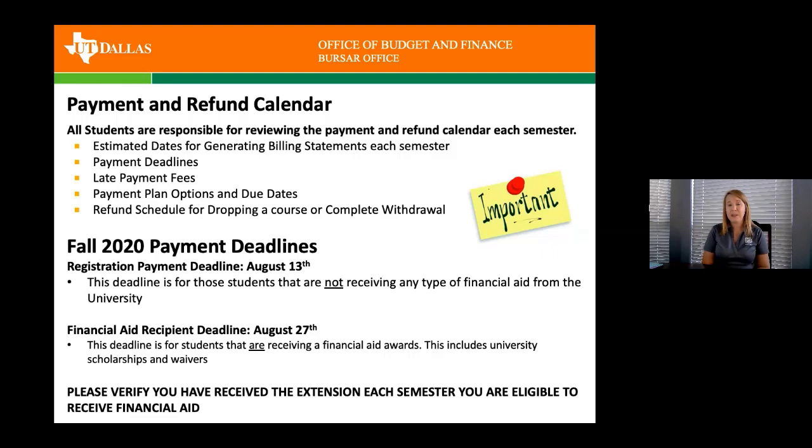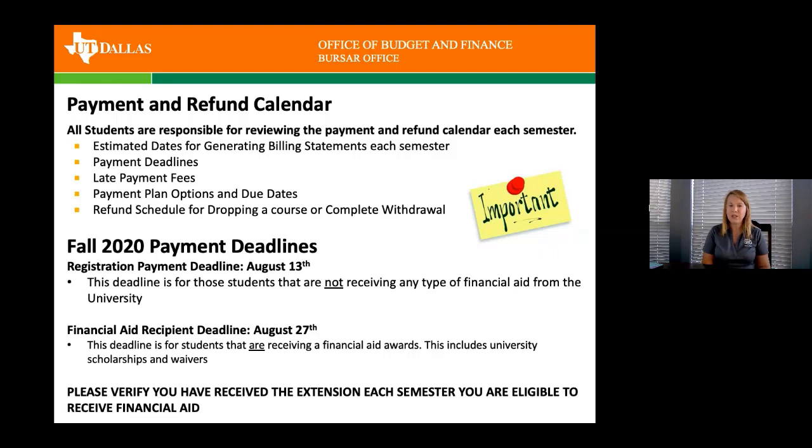Please verify each semester that you're receiving financial aid that you do have that extension on your account. The way you're going to verify that is when you go into your student account and you see the Bursar tile. It's going to actually have your due date on there. So let's just use these dates for an example.